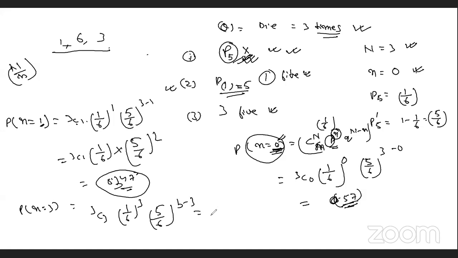If you calculate this, you will get 4.62 into 10 to the power minus 3, so 0.0462. This means there is just a 0.4% chance that you will get 5 in all the 3 trials.